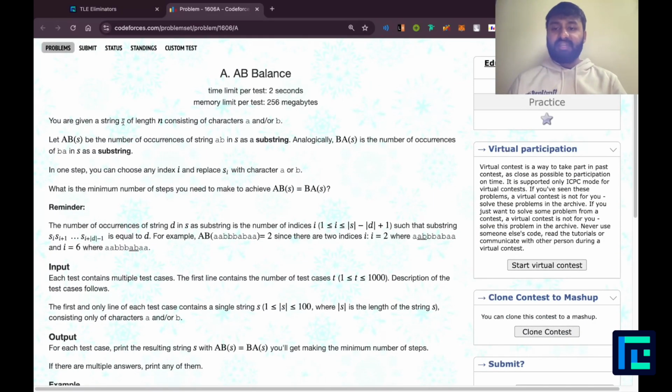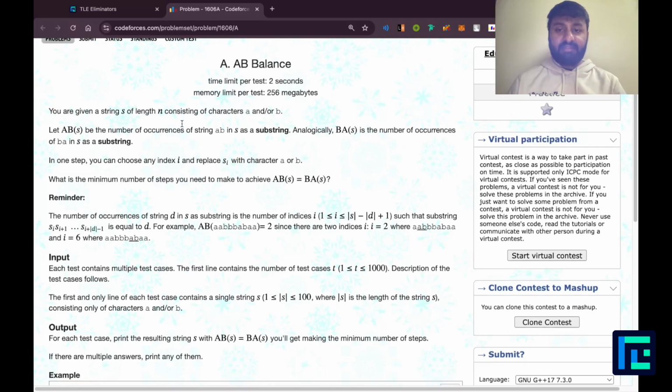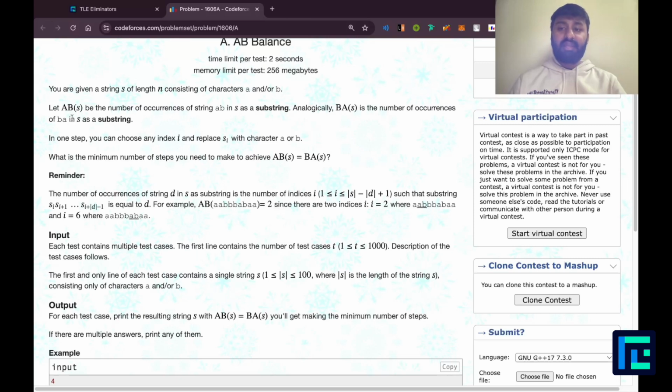balance. Alright, let's read this. You are given a string S of length n consisting of the letters A and/or B. Now, let capital AB of S be the number of occurrences of the string AB in this S as a substring.